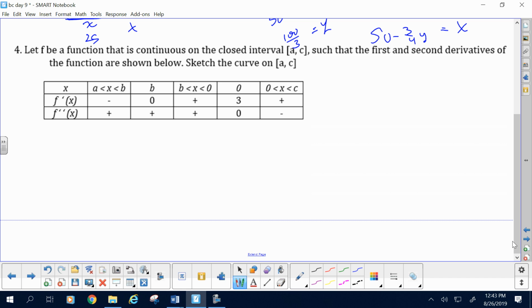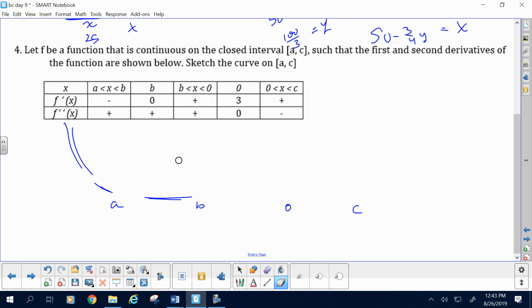All right, from A to B, what's the graph doing? Decreasing, concave up.